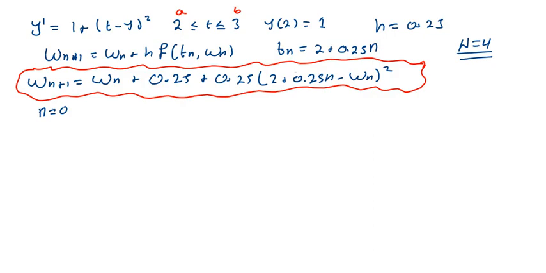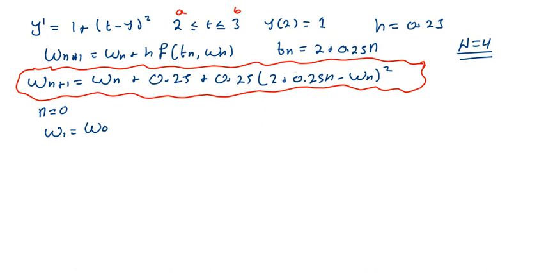When n is equal to 0, it simply means when you plug in 0 here, this is going to be w1. So w1 is equal to w0, and we know what w0 is. W0 is the result of the initial point, the one that we were already given.